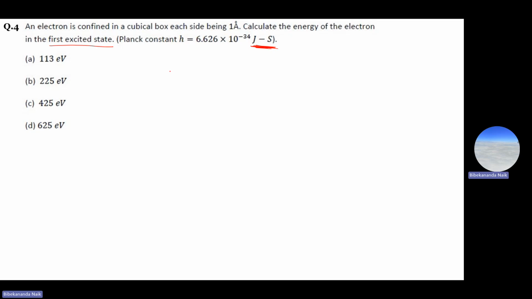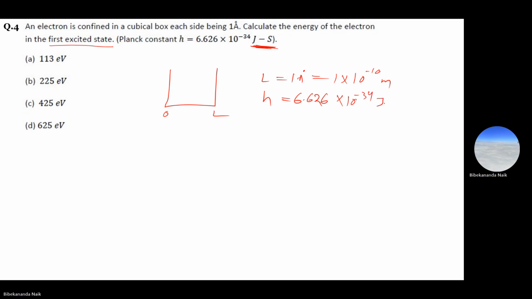If you consider a one-dimensional box potential, x varies from 0 to L. Here the value of L is 1 angstrom, which is 1 into 10 to the power minus 10 meter, and the value of Planck's constant is 6.626 into 10 to the power minus 34 joule second. For a particle in a one-dimensional box, the energy is given by n square h cross square by 2m a square, where a is nothing but this L.